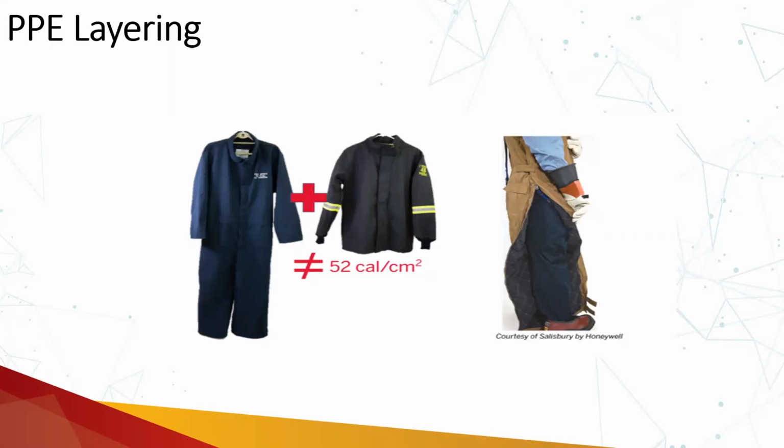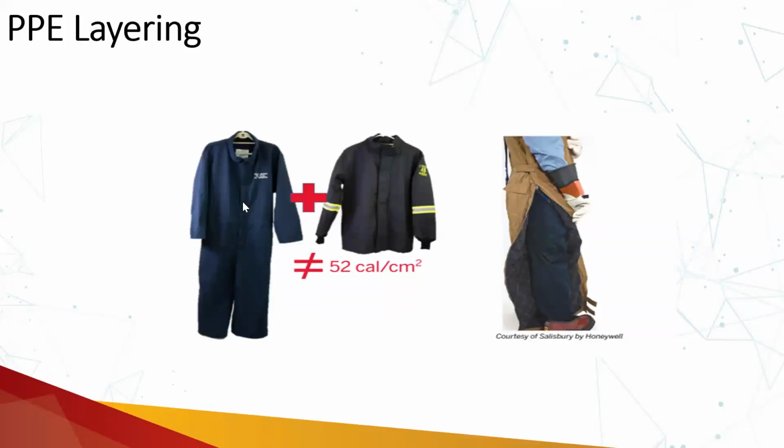Just like in winters we do layering. We can wear one jacket which is going to provide us enough warmth, or we can use multiple layers of clothing in order to protect ourselves. Similarly in this domain, there is a concept of PPE layering. But one thing which we have to know is that 40 plus 12 will not be equal to 52.